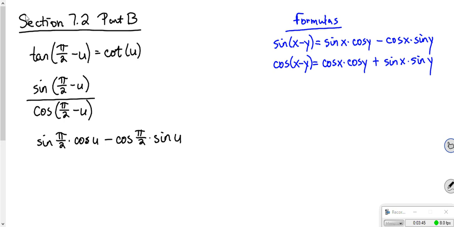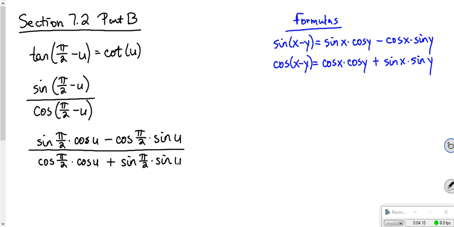Now that's just the numerator, okay? Sine of the first times cosine of the second minus cosine of the first times sine of the second. All over, use the cosine formula down below. We've got cosine pi over 2 times cosine u plus sine of pi over 2 times sine u.